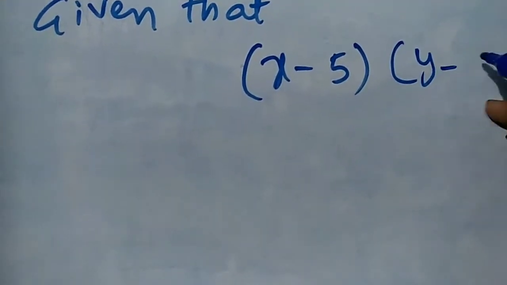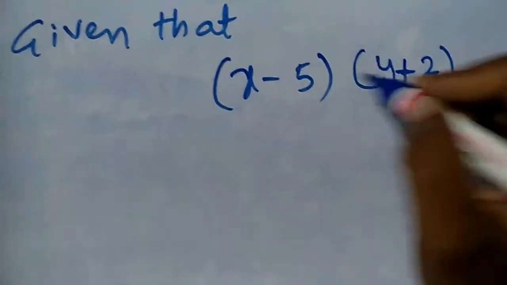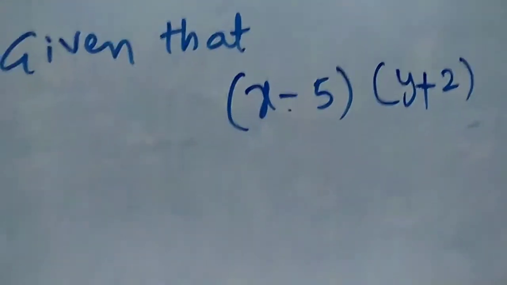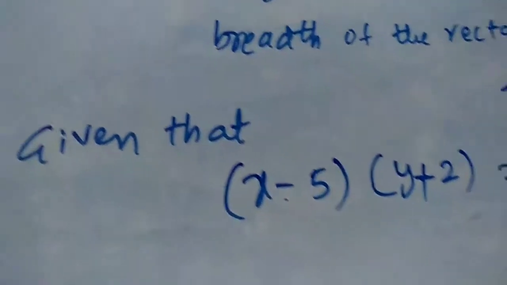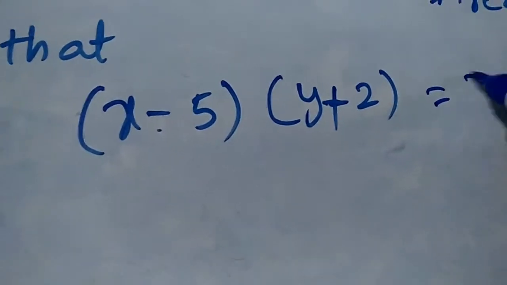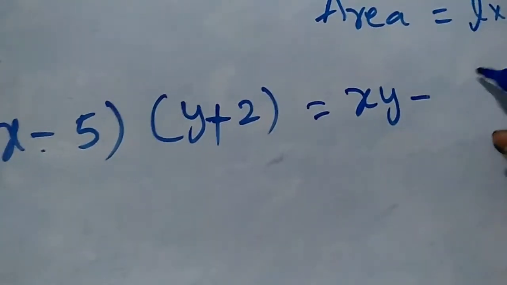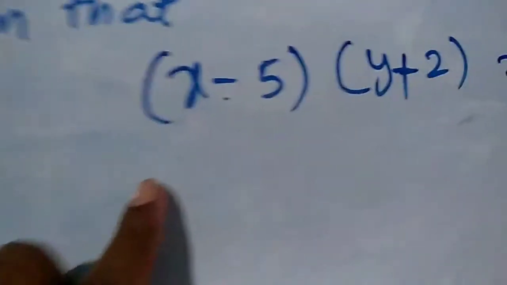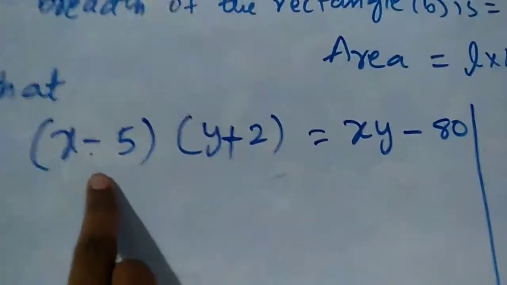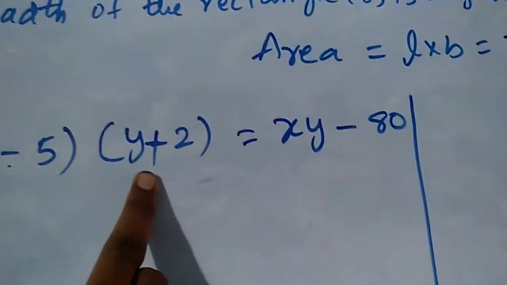Breadth is here y, so y plus 2. Increased means plus, reduced means minus. Okay, so then area of the rectangle gets reduced by 80 square units. So area of the rectangle is xy. It is reduced means minus 80.